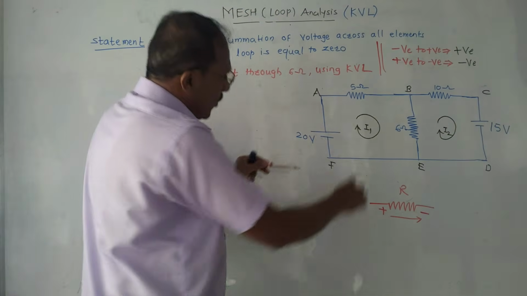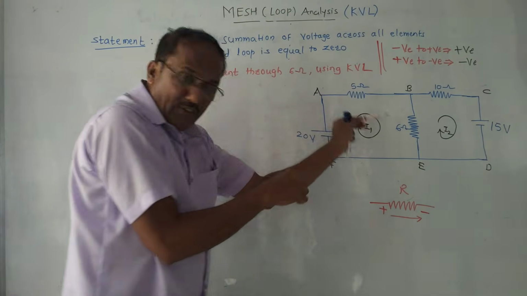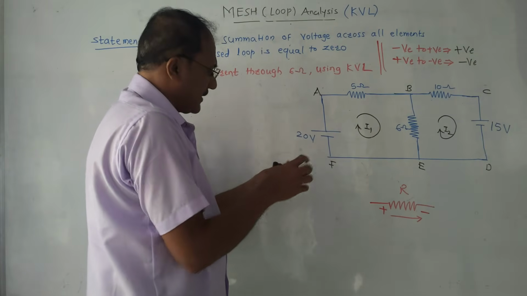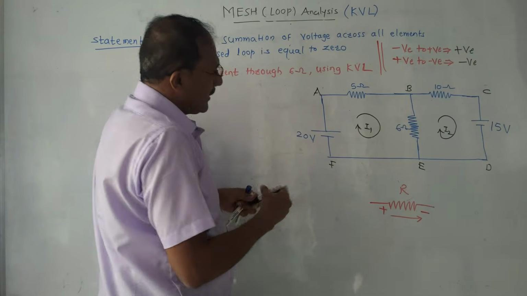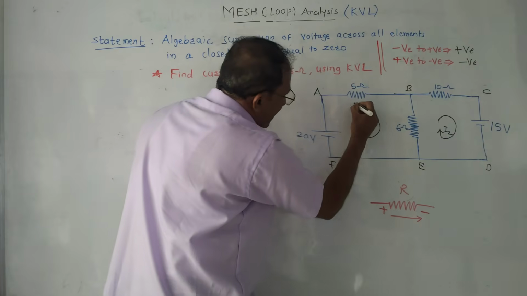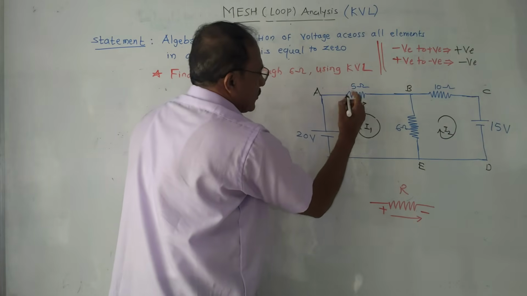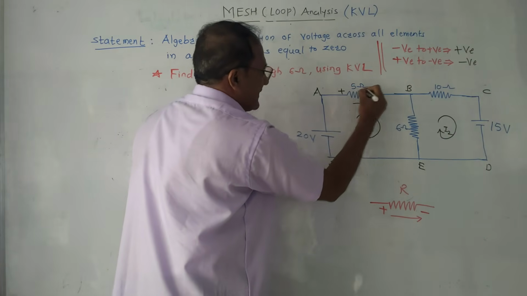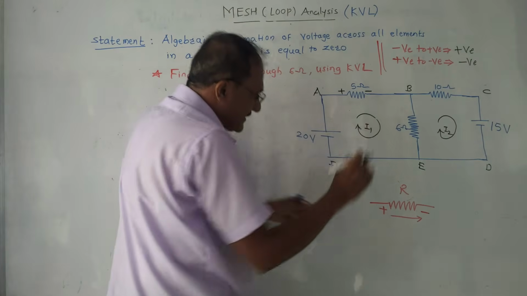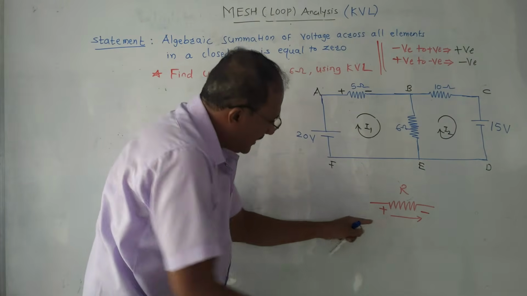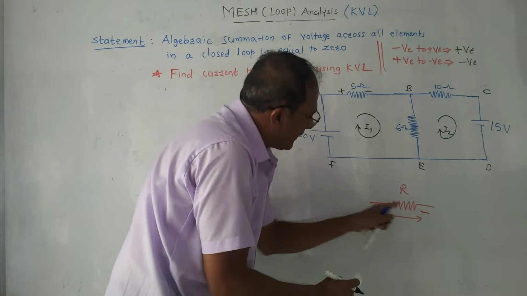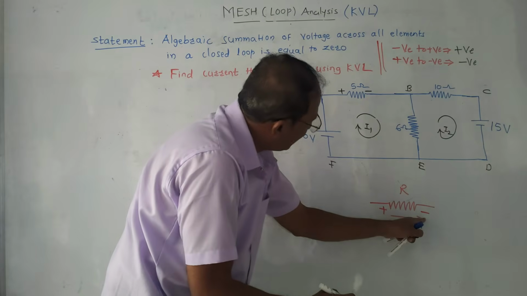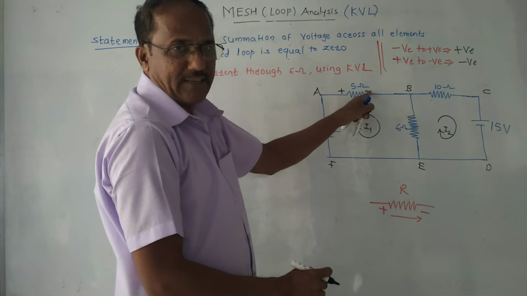So in case of 5 ohm, you need to strictly follow the direction of loop currents. For 5 ohm, the loop current is moving like this. So here I will mark plus and minus sign. In case of resistor, if current is moving from left to right, plus sign is at left, minus sign is at right.